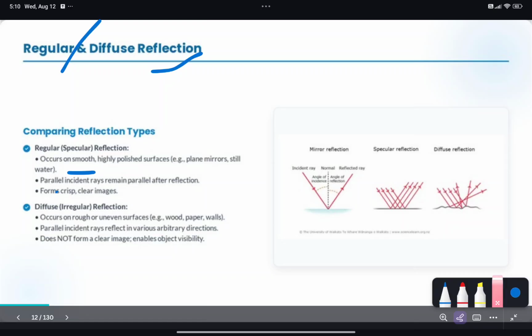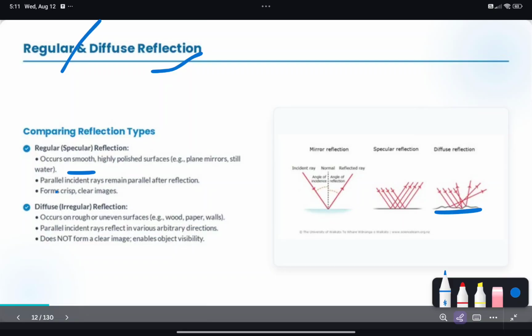This is the diagram for diffuse or irregular reflection. See how the reflection takes place here. It occurs on rough and uneven surfaces. Parallel incident rays reflect in various arbitrary directions.